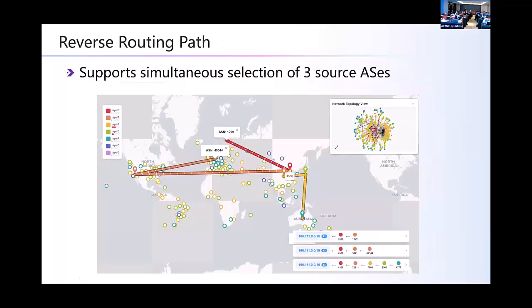And also for some minor refinement, we modified the reverse routing part so you can select multiple sources, and they are shown in the right bottom corner. So it's easy for engineers to compare them.